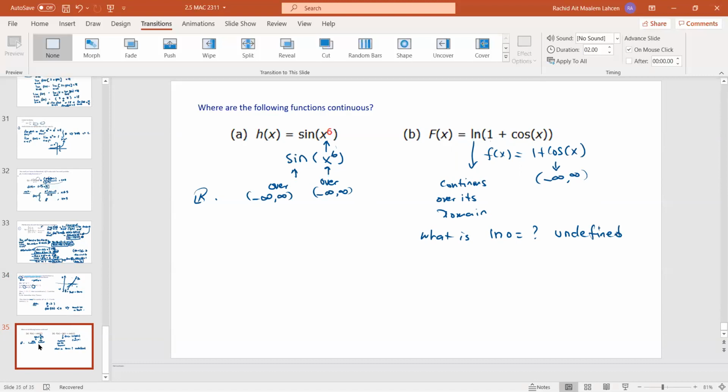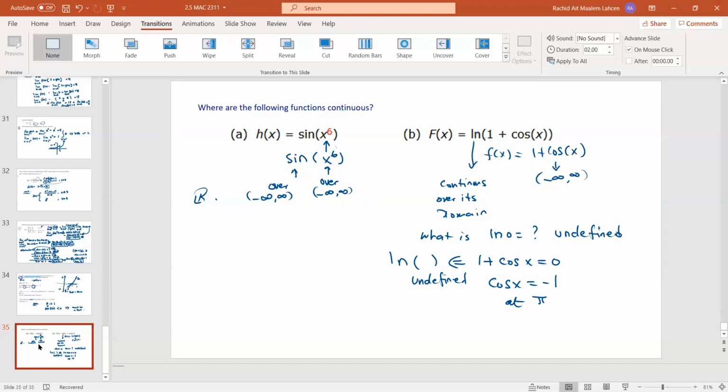So the issue here is anytime 1 plus cosine of x equals 0, this function is undefined. This means cosine of x equals -1. And if you look at the unit circle, cosine of x equals -1 at pi.